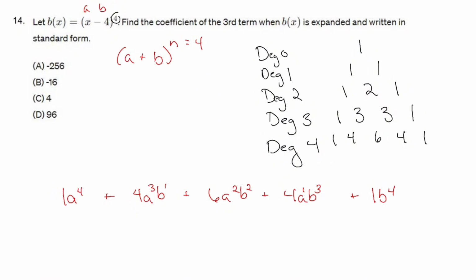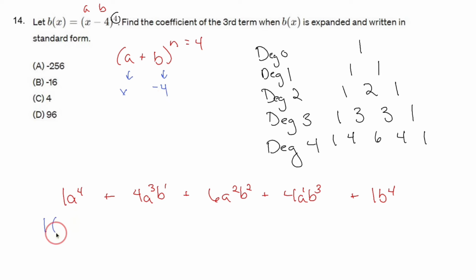Now, all I have to do here is find out the third term. This is already written in standard form, and it's going to be the coefficient of the third term, not even the whole thing, but I am going to do the whole thing just for practice. We called A x, so A is x, and we called B -4, so now I have to plug those in.